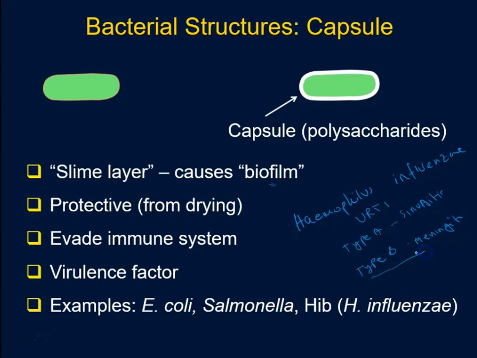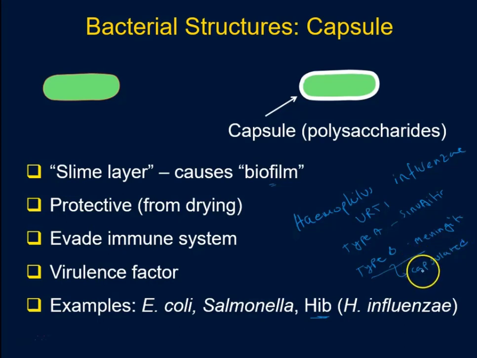So to prevent this, back in the 80s and early 90s, they developed a vaccine because this was a serious concern in those days. And so we have a vaccine against type B, which is Hib. And it's actually type B which is capsulated, and it's the more serious type.